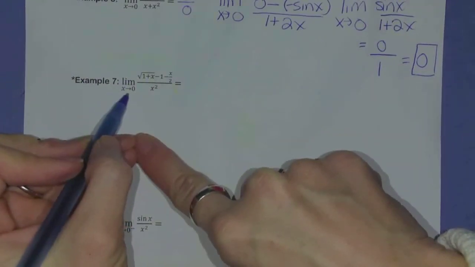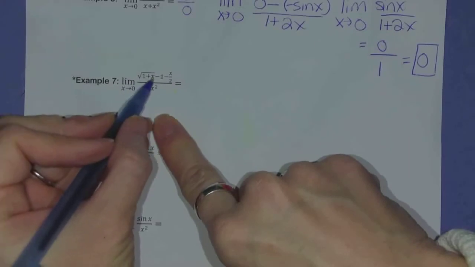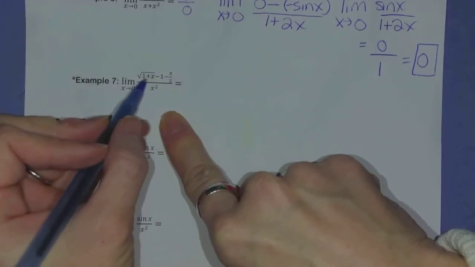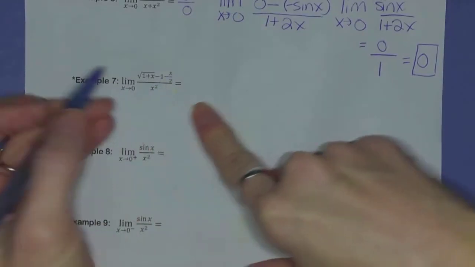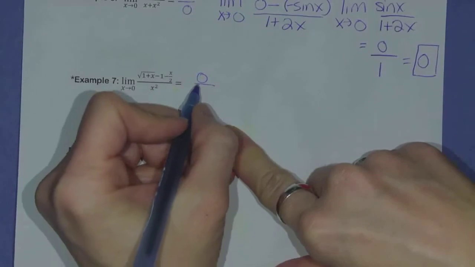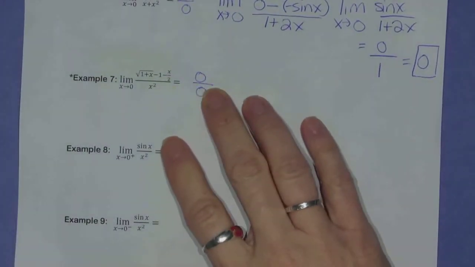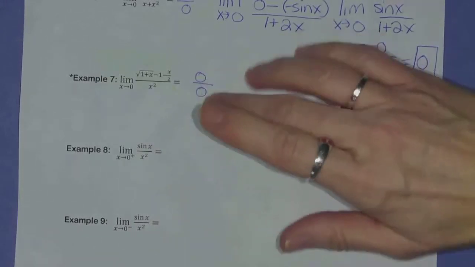The limit as x approaches 0, and here is my function. So if I plug 0 in, I end up getting 1 minus 0 over 2, which is certainly 0. And on the bottom, 0. Always check. You can't use L'Hopital unless when you plug it in here, you're getting this indeterminate form.